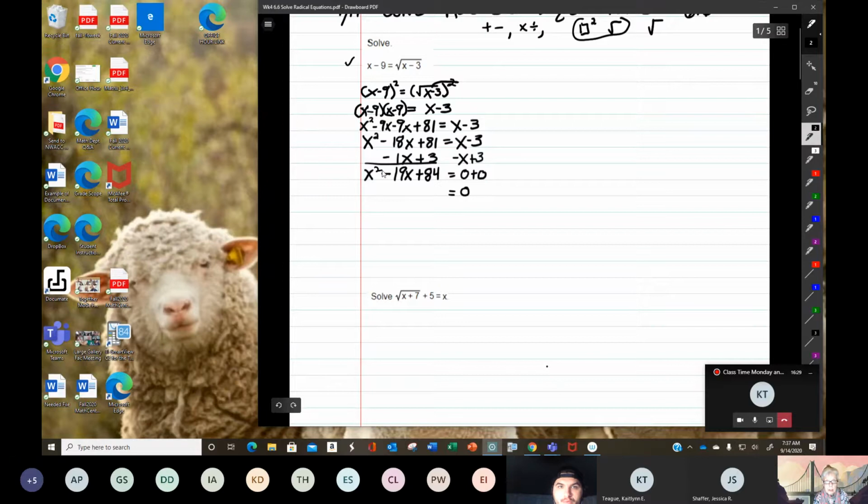So our quadratic equation is going to be x squared minus 19x plus 84. Okay, once we've got this, if you recall back to intermediate algebra, the first method you used for solving a quadratic equation was factoring, and that's what we're going to do here.